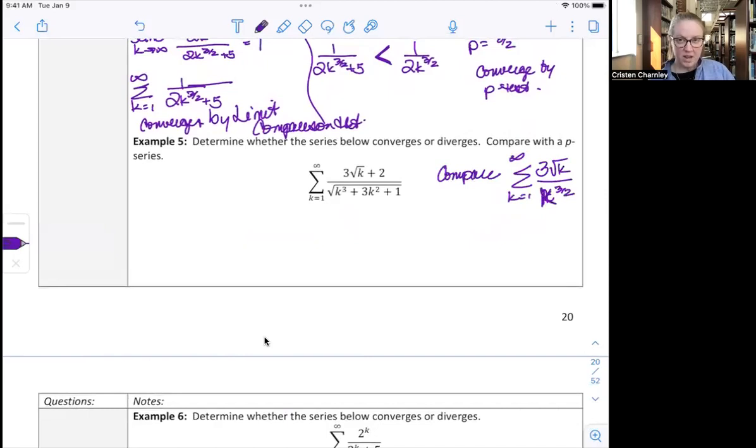So it's really square root of k over k to the 3 over 2, which will simplify. You'll be left with the k in the bottom. This is harmonic, this diverges. That 3 doesn't matter, but this diverges by the harmonic series. We know we're doing limit comparison. I'll jump right in. As k approaches infinity, this big thing.